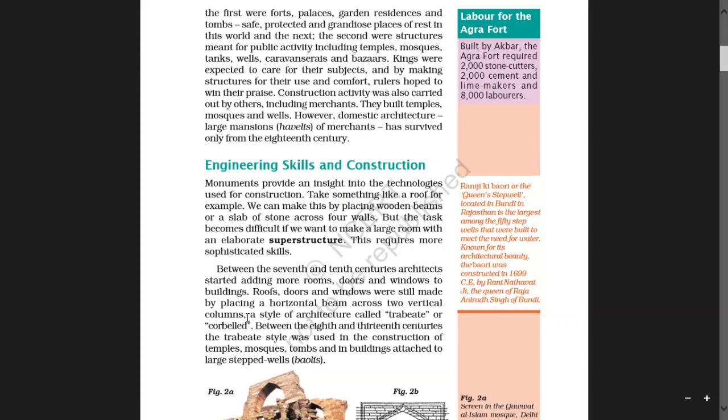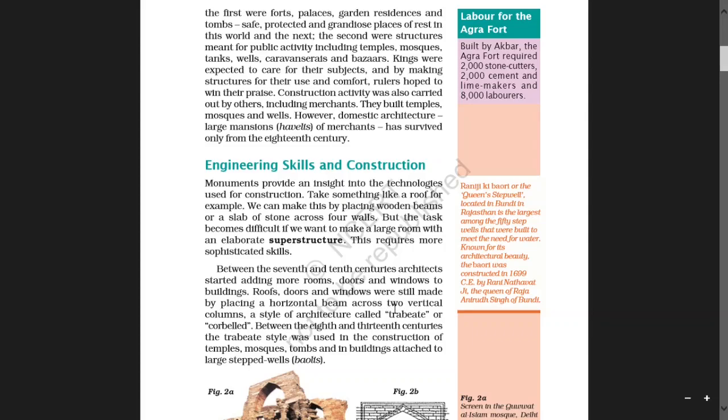Here, in between the 7th and 10th centuries, architects began adding more rooms, doors, and windows to different buildings, in which roofs, doors, and windows were still made by placing a horizontal beam across two vertical columns.